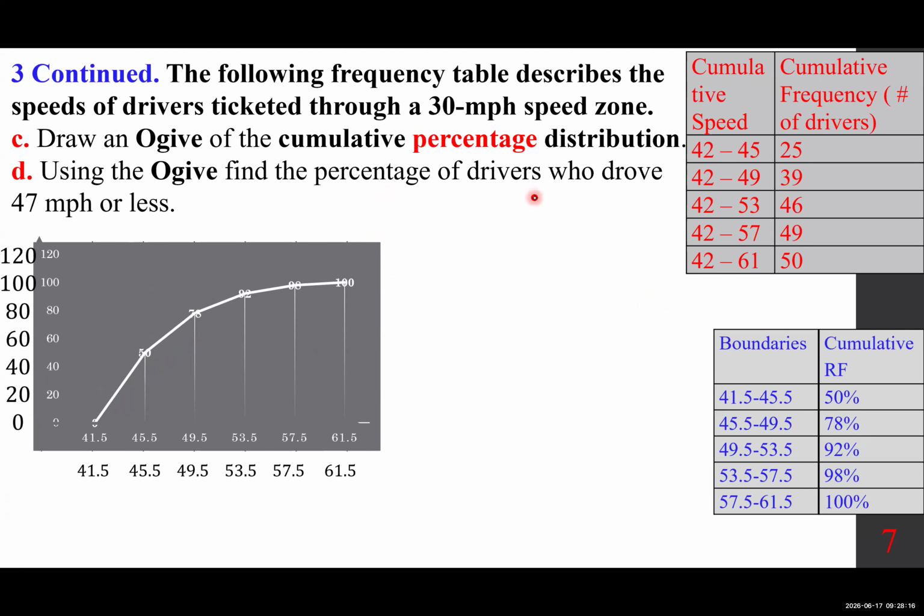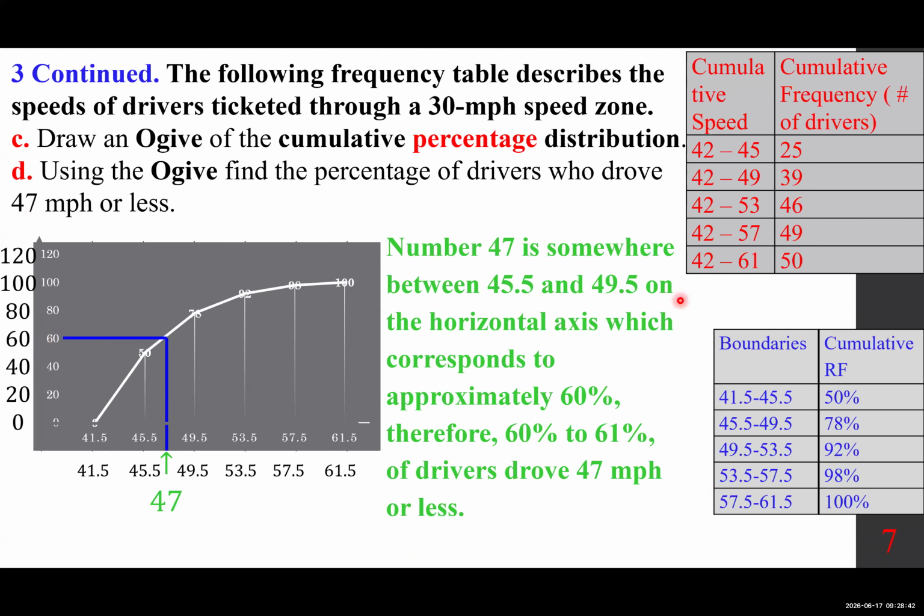So 47 is somewhere between 45.5 and 49.5 on the horizontal axis, which corresponds to approximately 60%, therefore 60% or maybe 61% of drivers drove 47 miles per hour or less. So that's pretty straightforward, everybody.